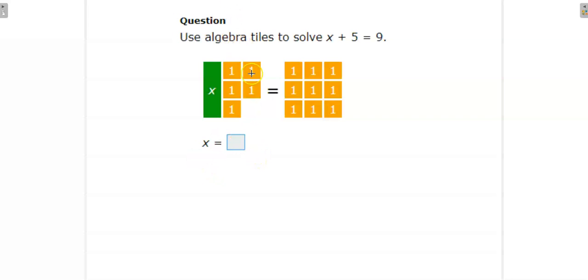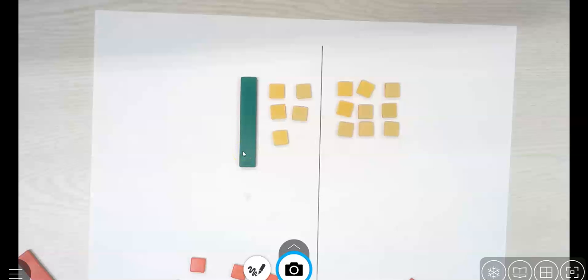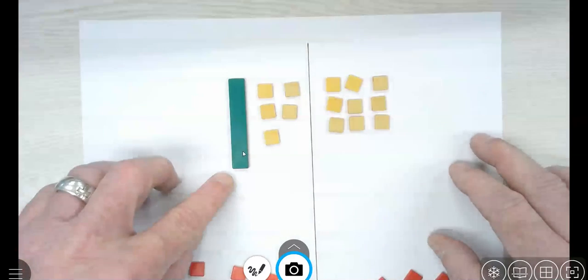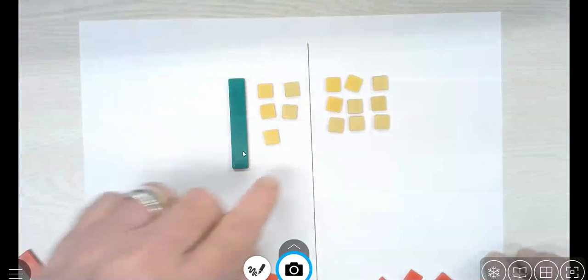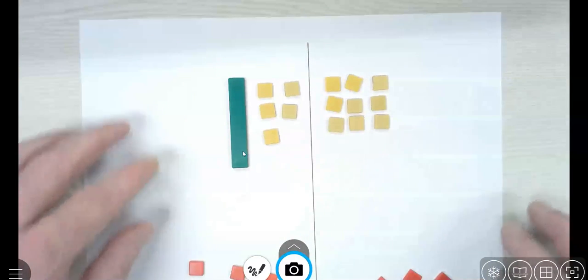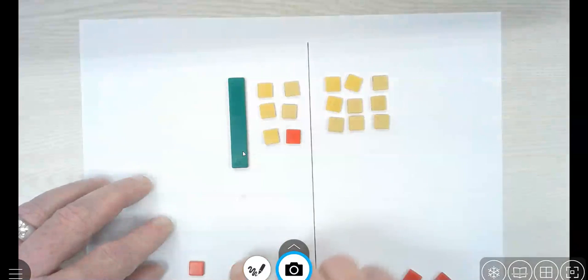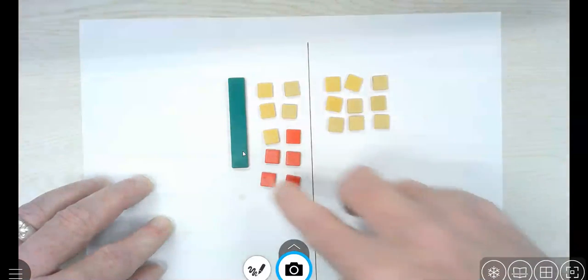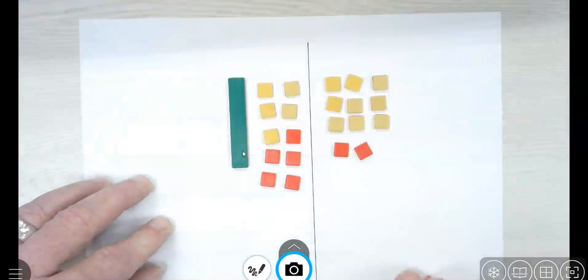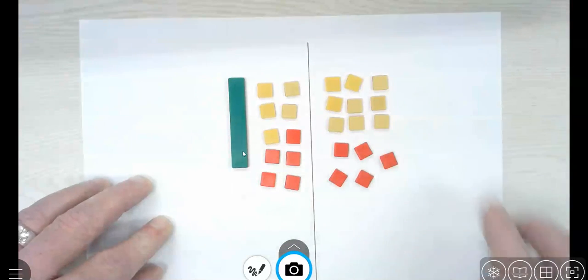So looking at our next problem here, we have x plus 5 equals 9. So I'm going to go ahead and set that one up. All right, so I've got that set up, and this is x plus 5 equals 9. So I could just remove 5 from each side, but I can't really do that if I want to do it properly. So I'm going to add 5 negatives to each side, 5 on the left, and 5 on the right.